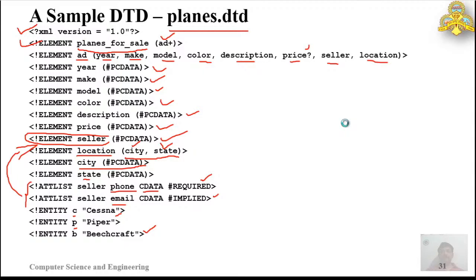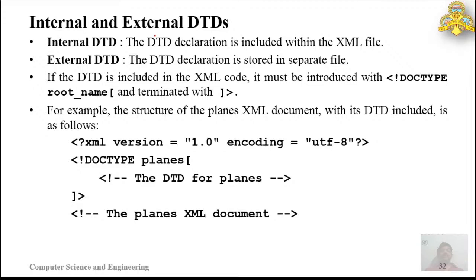If the DTD information is included within the XML file, then it is known as internal DTD. If the DTD declarations are stored in a separate file and linked with our XML file, then it is called external DTD.